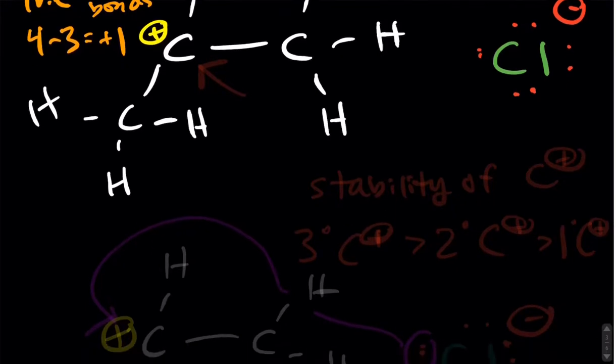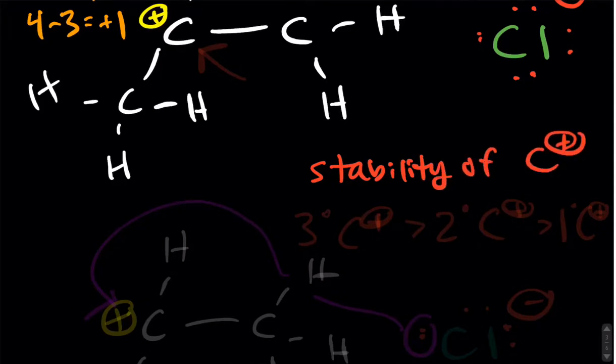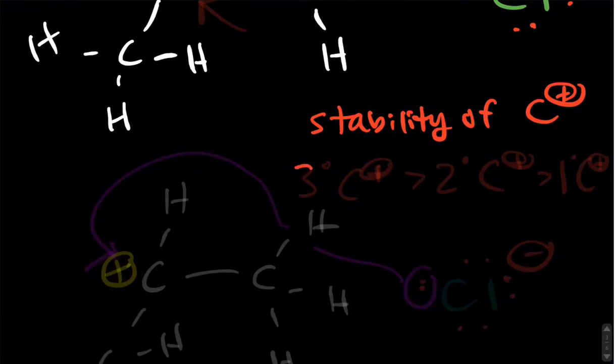Now, the reasoning for why we want the carbocation on this carbon as opposed to the other is just due to the stability of carbocations. So the stability of carbocations generally will look like this.